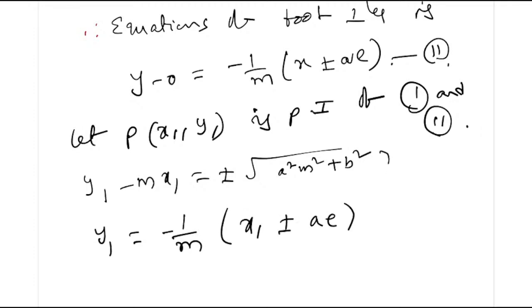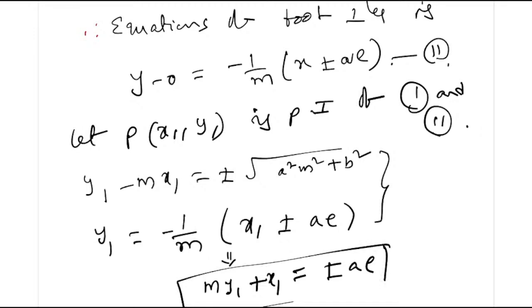From these two, eliminate, or simply bring it to this side and simplify, you will get m y1 plus x1 equals plus or minus ae. Now this one and that one, square it and add it.